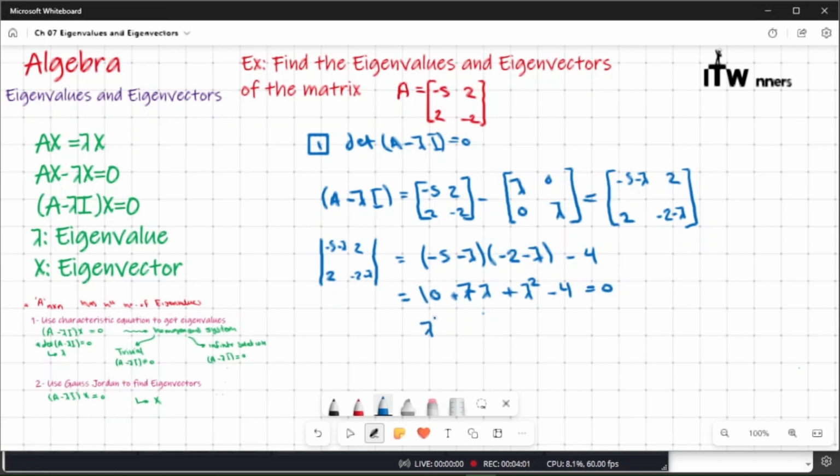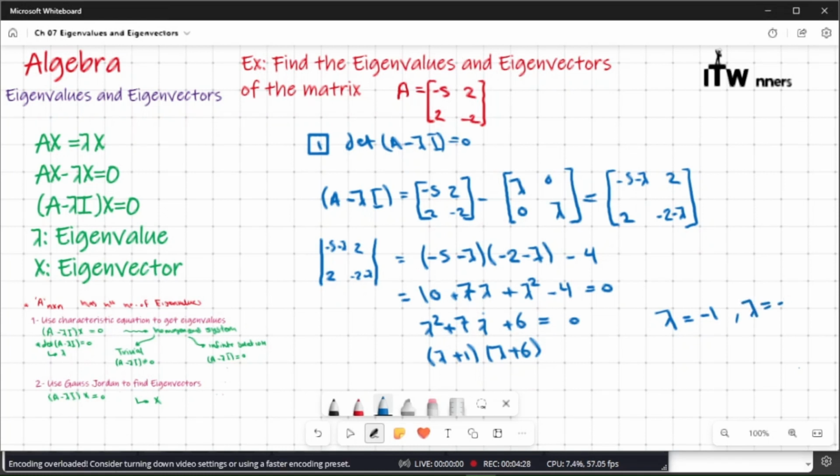So lambda square plus 7 lambda plus 6 equal to 0. To factorize this equation, we have lambda plus 1 and lambda plus 6. So lambda equal to negative 1 and lambda equal to negative 6.